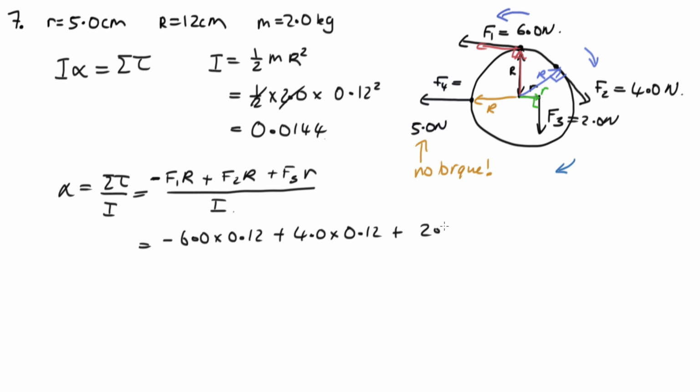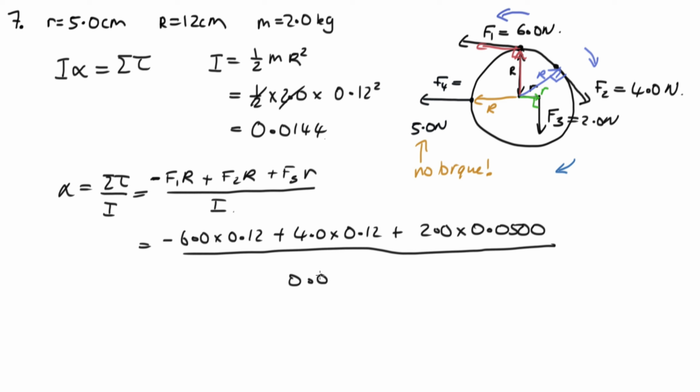So let's put that in, 2 times, now this is acting at the smaller radius, so times 0.0500, divided by I, which we've calculated up here, which is 0.0144. So solving that one on the calculator, we end up with minus 9.7 radians per second squared, which we can write as 9.7 radians per second squared counterclockwise.